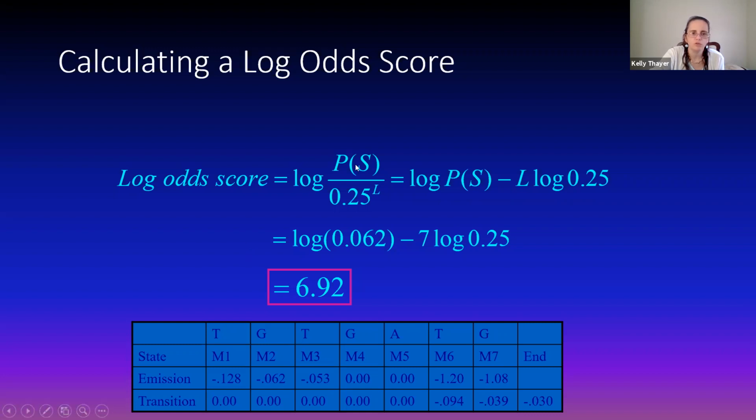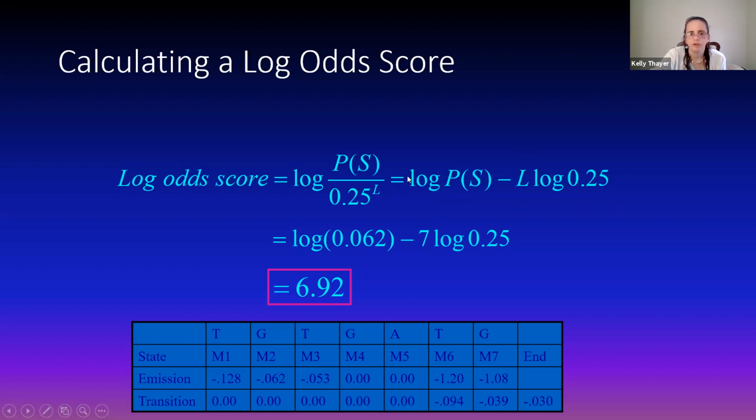So the log odds score is going to be the probability of the sequence over the null model, which, since there are four DNA bases, is going to be 0.25 to the power of the length, right? So you have the number of positions, you raise to the power of the length to get the probability. So this is numerically equivalent to doing the subtraction of log of P of S, the log of the numerator, minus the log of the denominator.